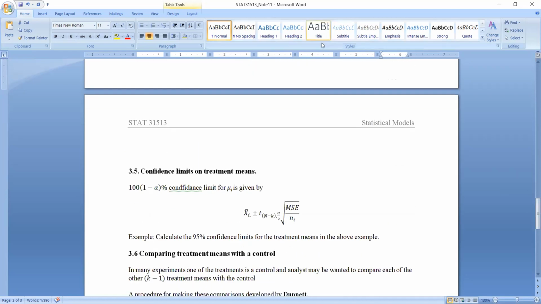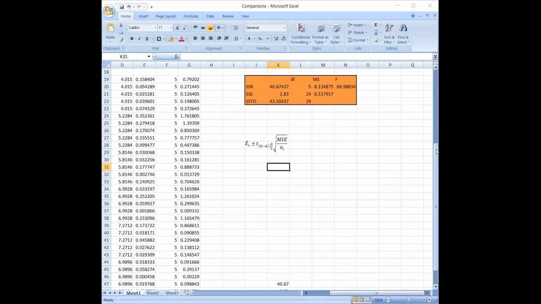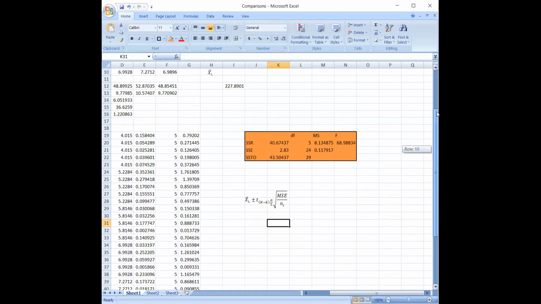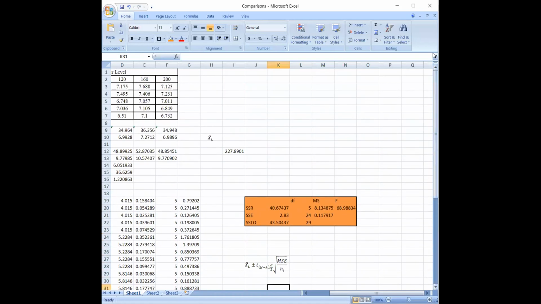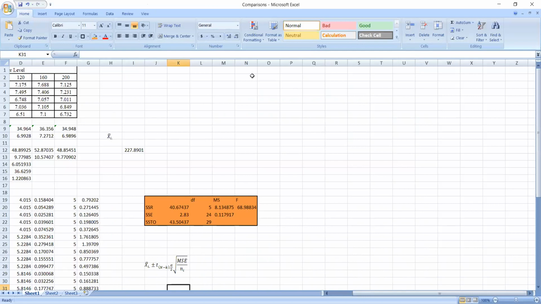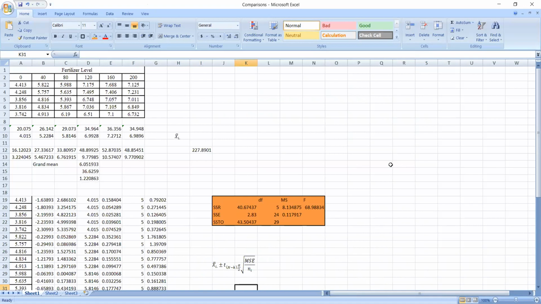So let me share the Excel. Can you all see the Excel?